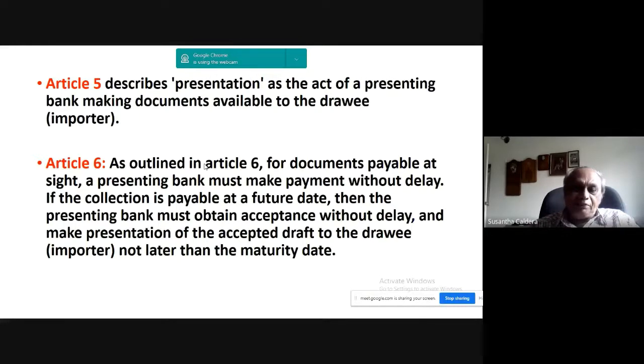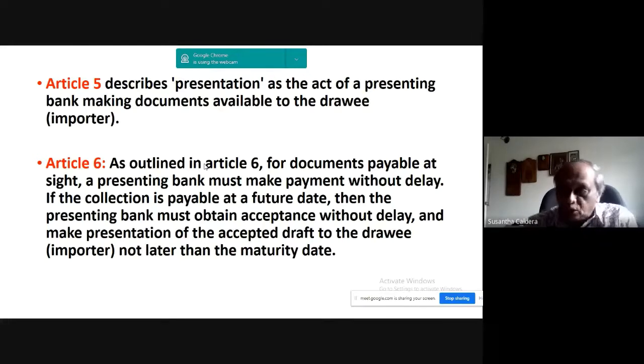DA draft, DA payment, so they will accept the draft, documents against acceptance, then we will deliver the documents, and the payment has to be done on the maturity date. Right?